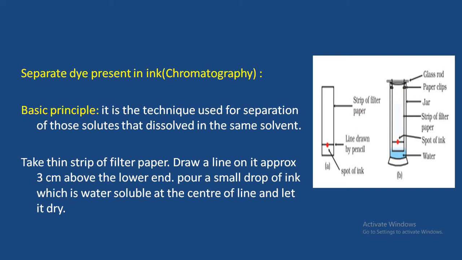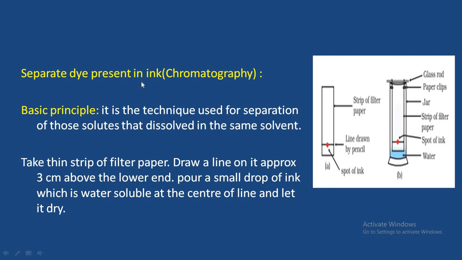But if the ink is a composition of different colors, two or more than two colors, how can we identify this, and how can we separate the different colors present in the ink, that can be separated by the process of chromatography.